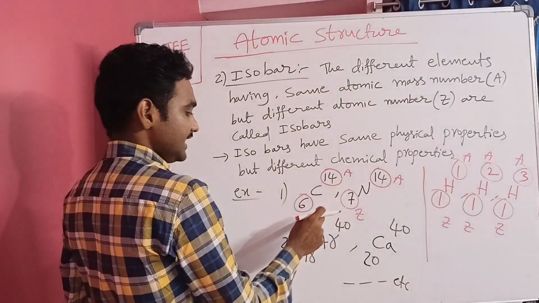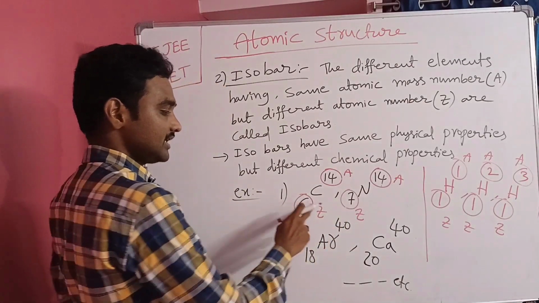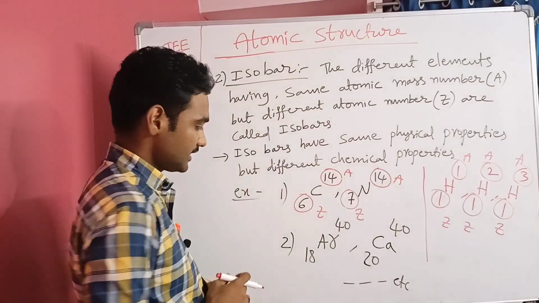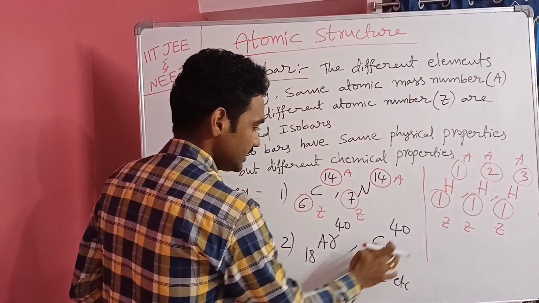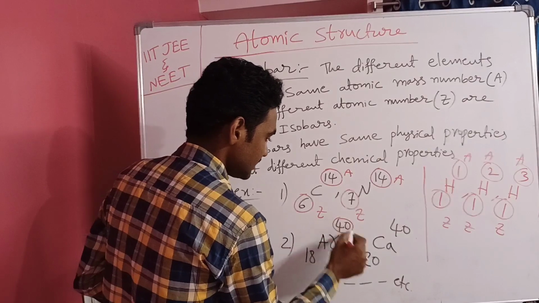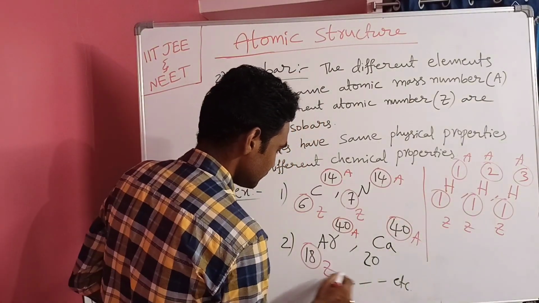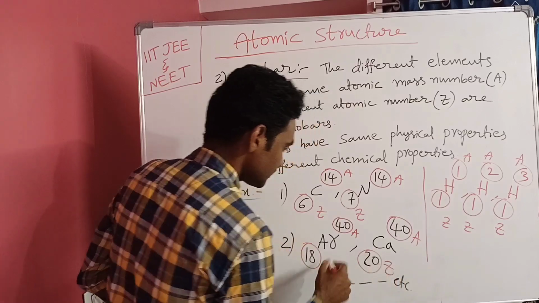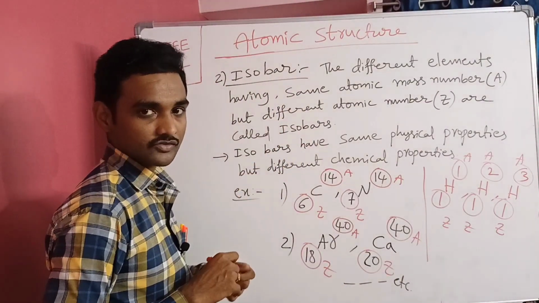Here same A value but different Z values are called isobars. Next example, argon-40 and calcium-40. This is the A value, this is the Z value. Z value is different but A value is the same. Those are called isobars. Have you understood?